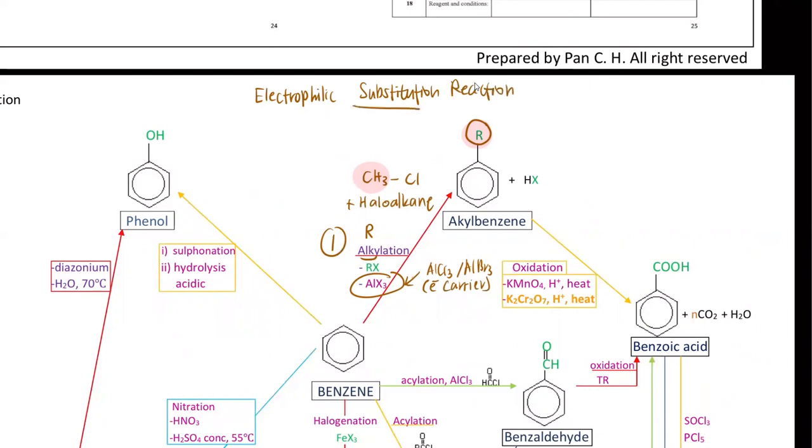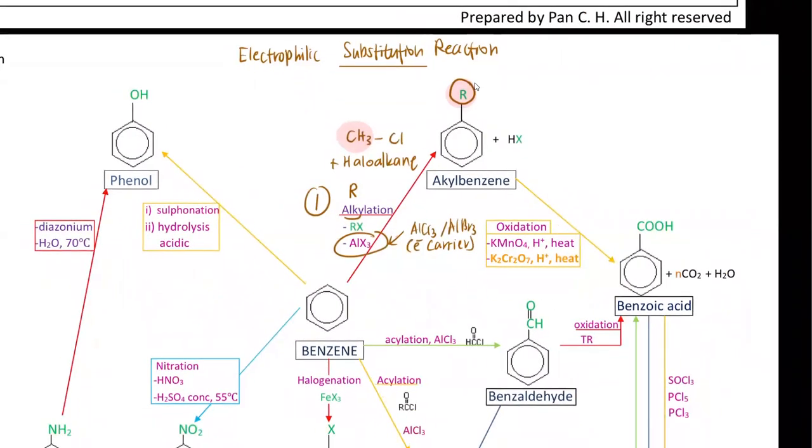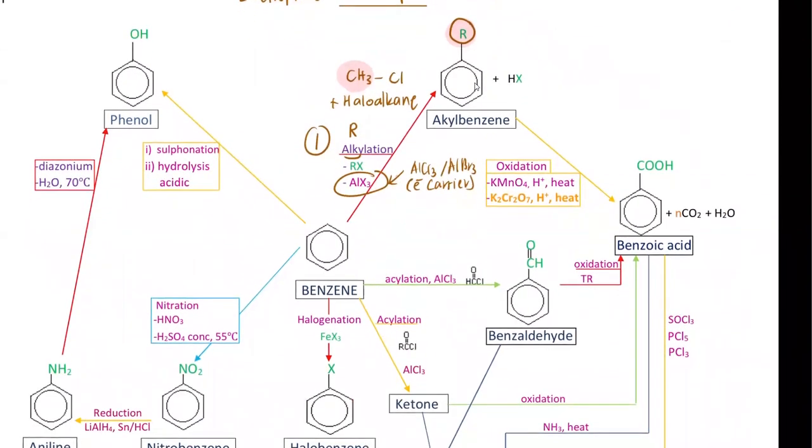It will undergo substitution instead of addition. And from alkyl benzene, we can oxidize it directly to form carboxylic acid.